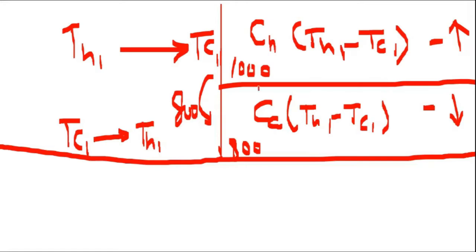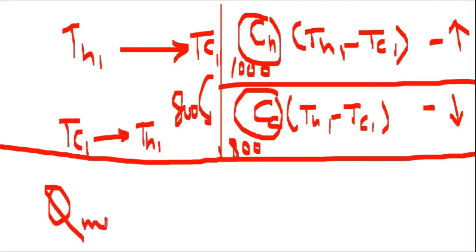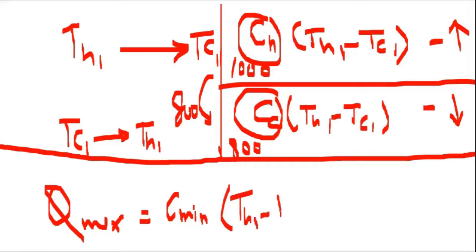Now, this minimum value will depend upon the CH value or the CC value. Whatever is minimum among these two is going to give us the maximum rate of heat transfer. So we can also say that Q max will be equal to C minimum multiplied by the maximum temperature difference, TH1 minus TC1.